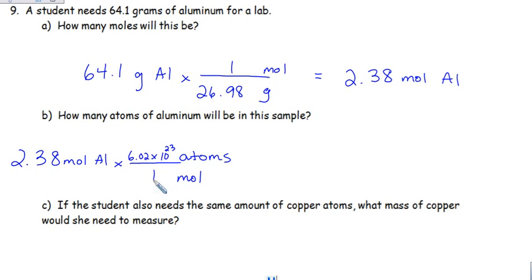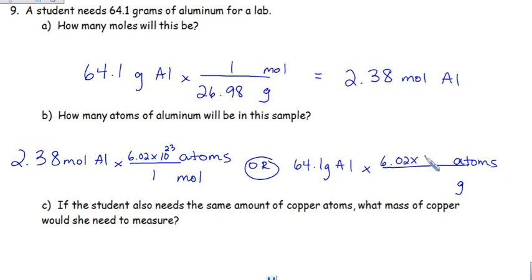Now your other option, if I wouldn't have already calculated moles, we could go back to the 64.1 grams of aluminum, and I could set up a proportion that again would cancel grams, and I could switch it straight to atoms. There would be 6.02 times 10 to the 23rd atoms in 1 mole, and 1 mole would have the 26.98 grams, the molar mass.